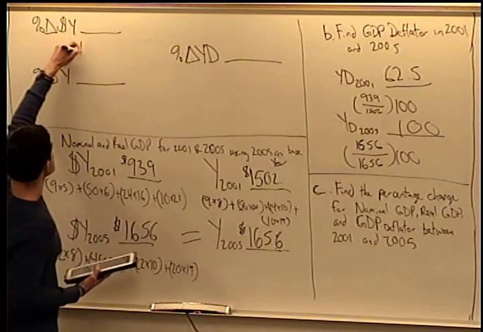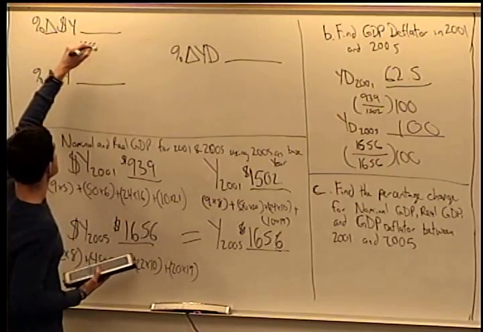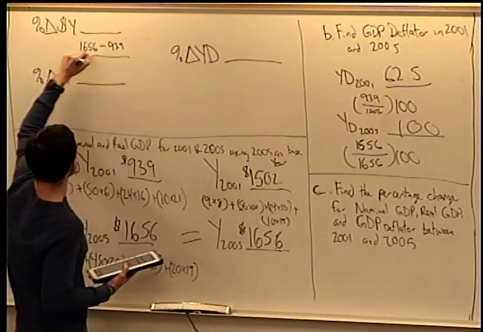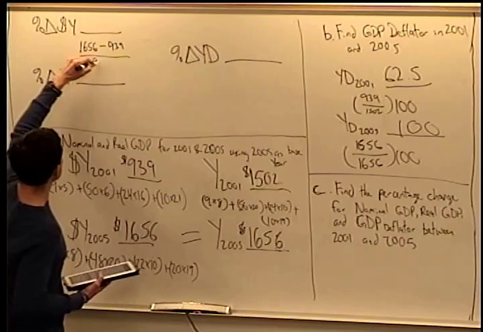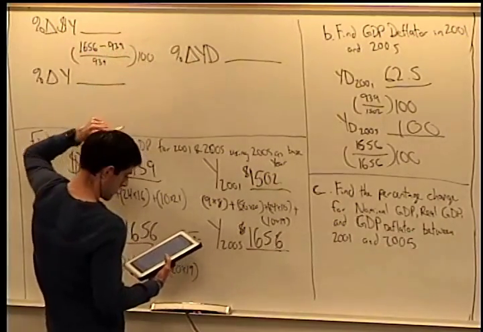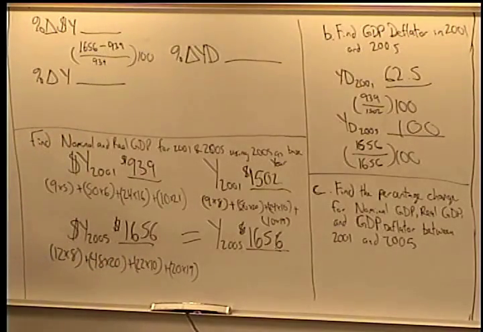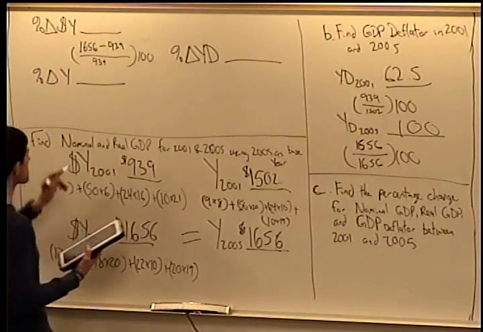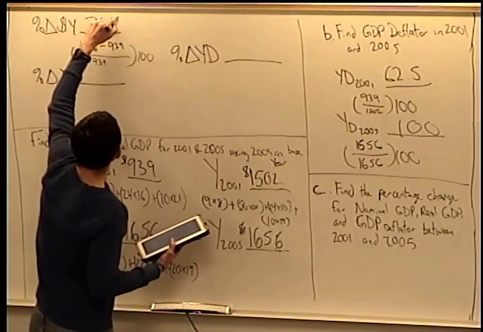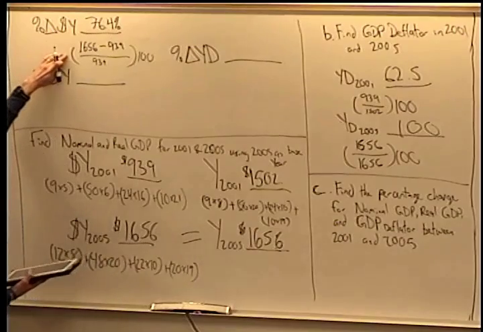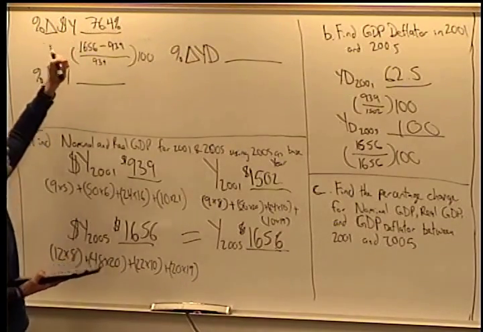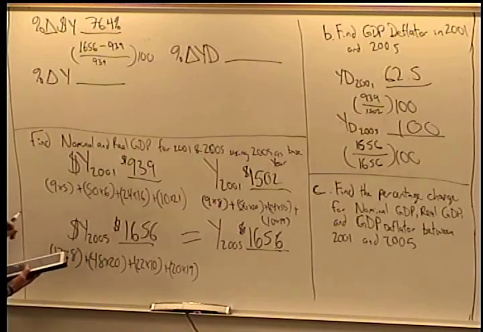So I go 1656 minus the old number, 939, divided by the old number, 939, multiplied by 100. If you do that, you should get 76.4%. So nominal GDP grew by 76.4% between 2001 and 2005.